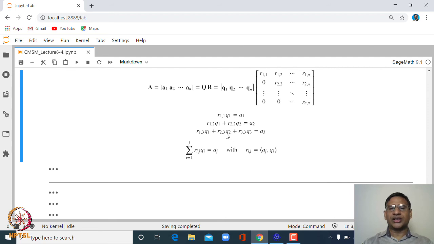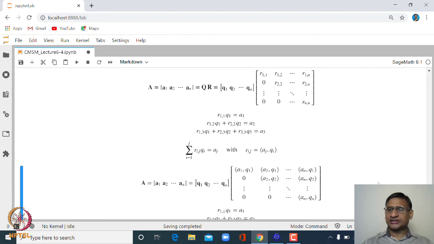So you can obtain Rij. Once you have obtained these Q1, Q2, Qn, which we already did in the case of the Gram-Schmidt process, then Rij can be obtained using this formula, and this is what is known as QR factorization, which is a very useful concept.